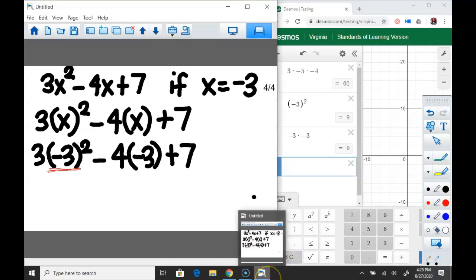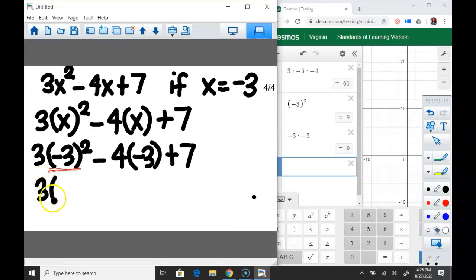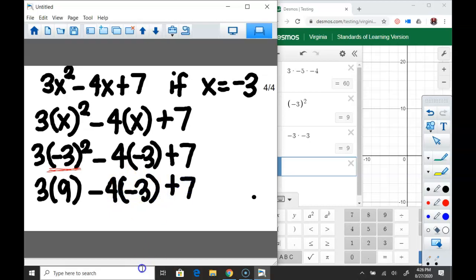All right? So this is going to become 3 times 9 minus 4 times negative 3 plus 7. All right, exponents done. So now we're on to multiplying and dividing. And there's only multiplying in this problem, so we're going to work left to right.